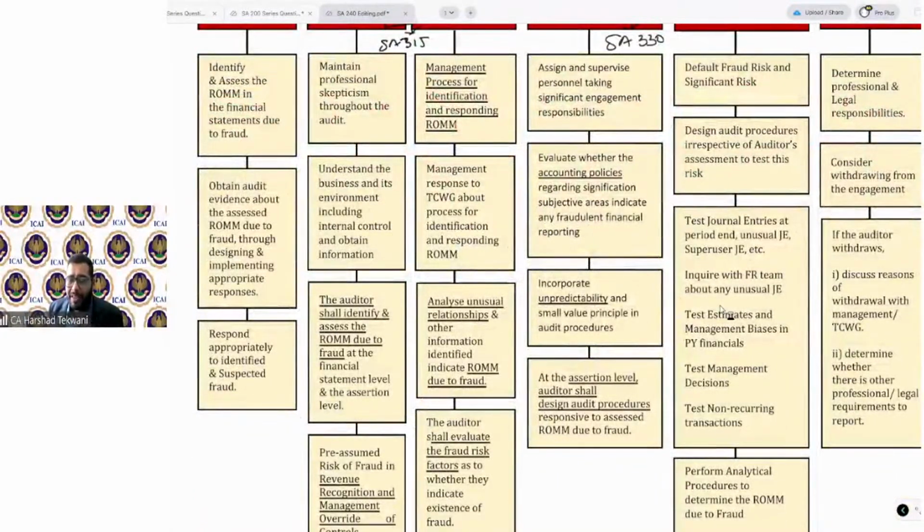They are required to inquire with the financial reporting team about any unusual journal entry, and to test estimates for management bias. The audit team is required to test management decisions, and also to test non-recurring transactions irrespective of the auditor's assessment of this risk.